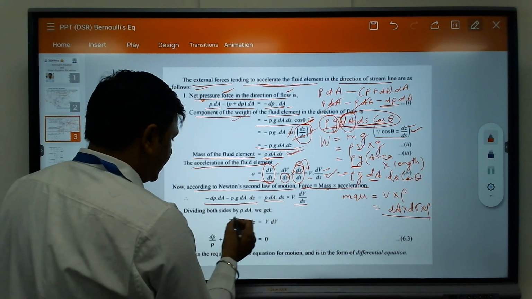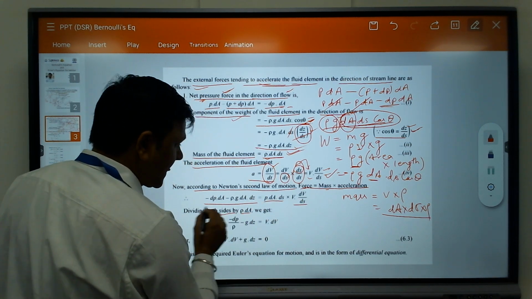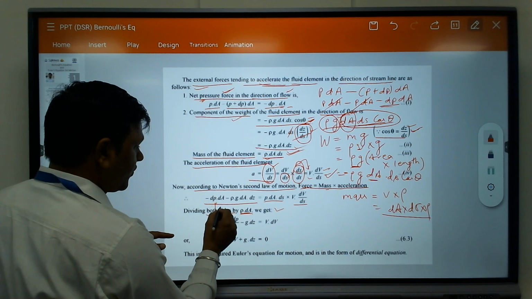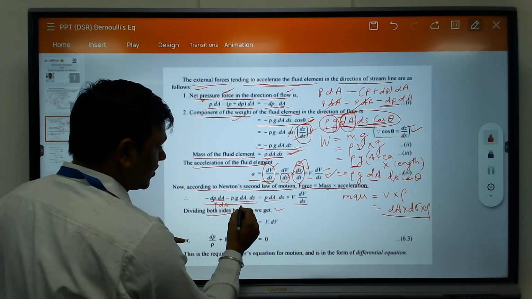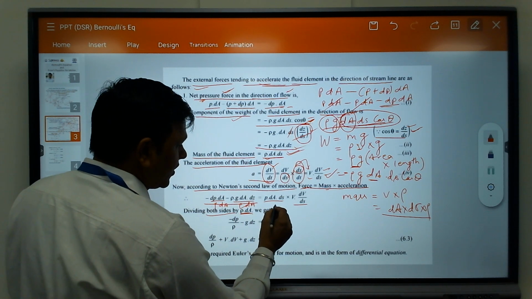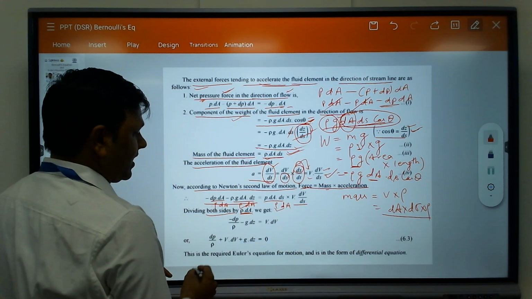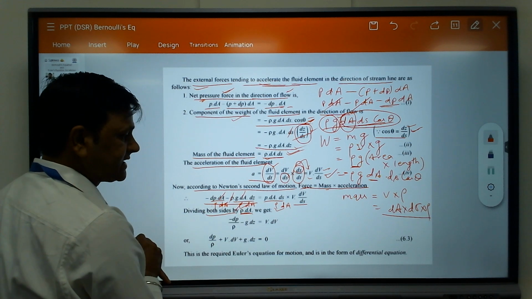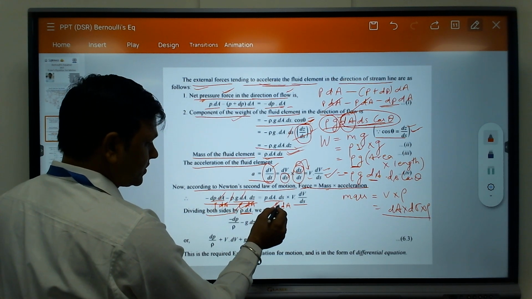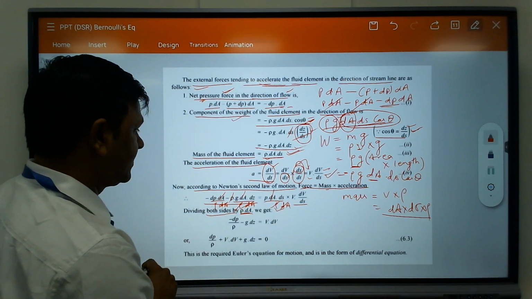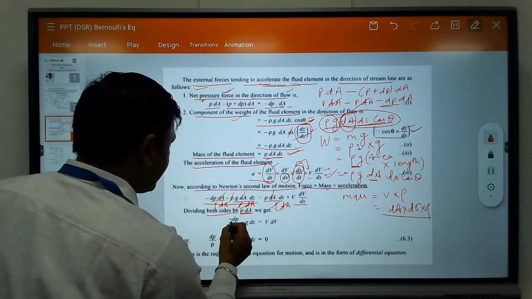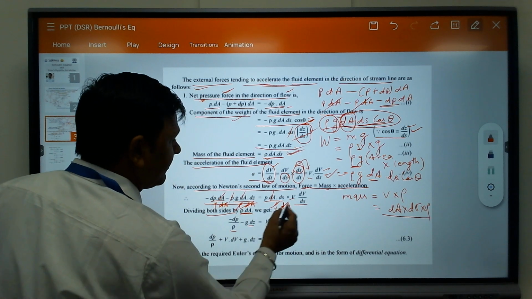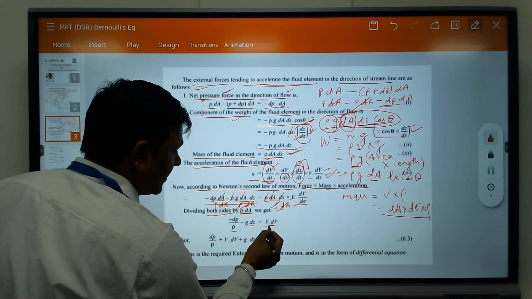Dividing both sides by rho dA, rho dA cancels out, ds cancels ds, and the remaining terms are minus dp over rho minus g dz equals v dv.